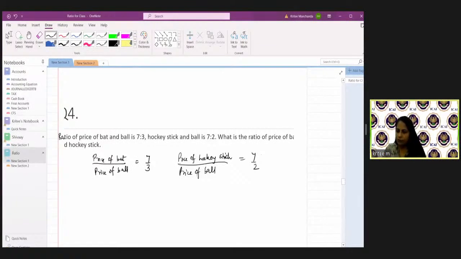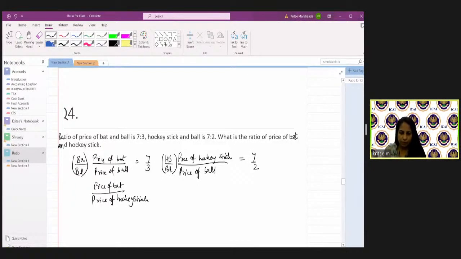We have to find the ratio of price of bat and price of hockey stick. For representation purpose, I'm writing bat as BA, ball as BL, hockey stick as HS.